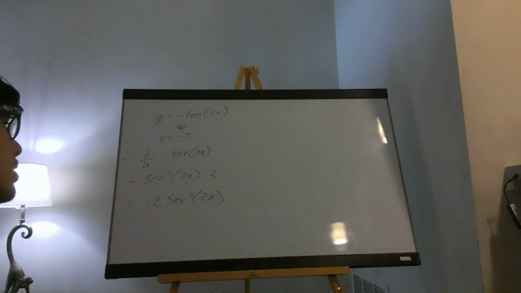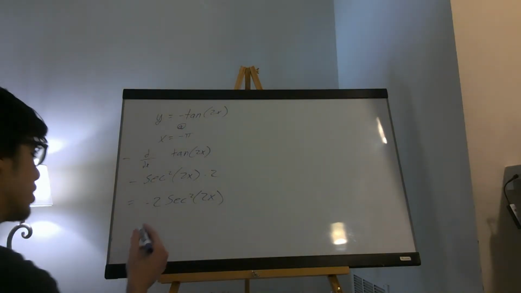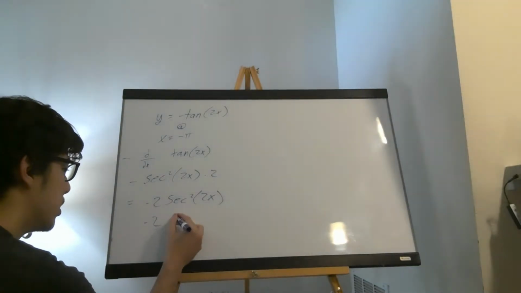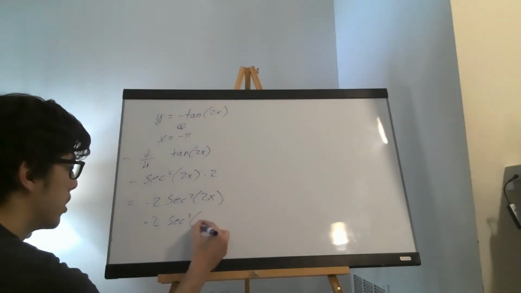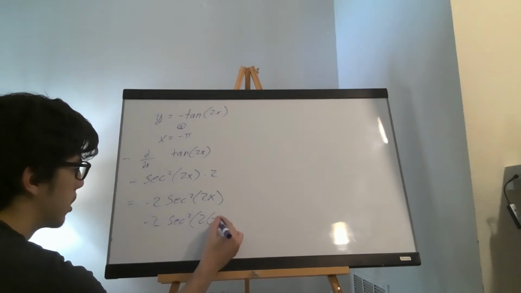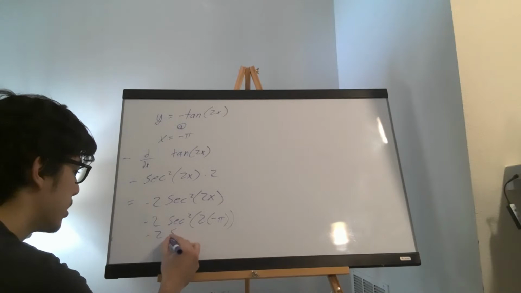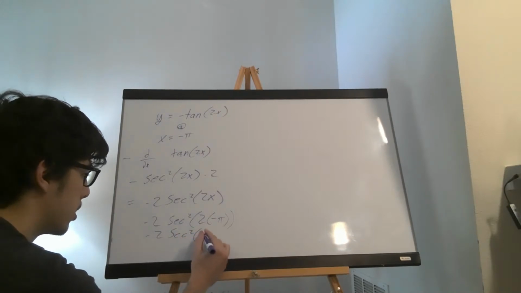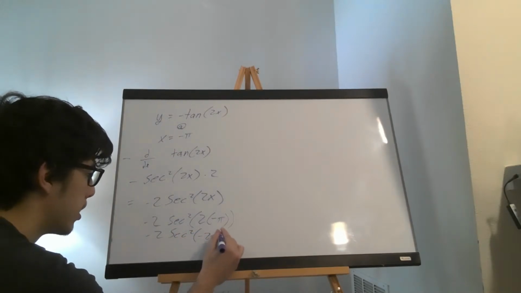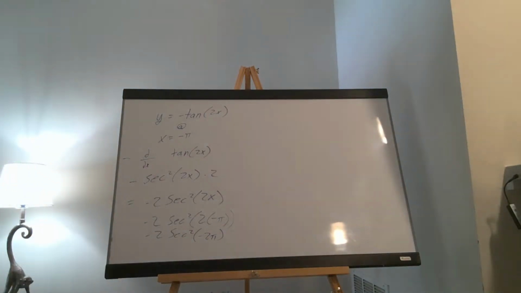So at x equals negative pi, let's see what we get. We get negative 2 secant squared of 2 times negative pi, negative 2 secant squared, negative 2 pi, which is the same thing as 2 pi, isn't it?